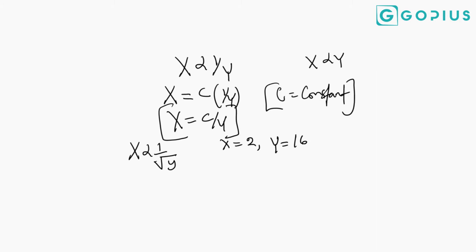We are now asked to find x when y is equal to maybe 64. That's an example of an indirect variation, which is also called the inverse variation. So we go ahead with the solution to that particular problem. We were told that x varies indirectly as the square root of y.